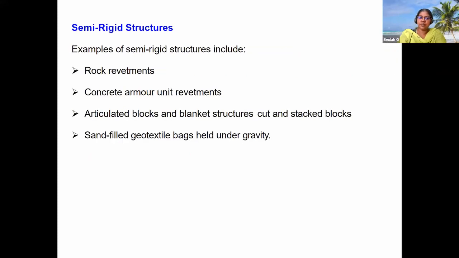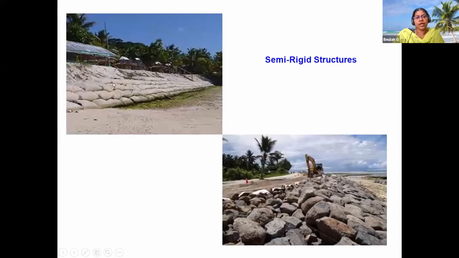And here you have the semi-rigid structures: rock revetments, concrete armor units, articulated blocks, and sand-filled geotextile bags also. Here you have semi-rigid examples where sandbags are piled one over the other at an angle of 45 degrees, or stone-like arrangements piled together to protect the shorelines.